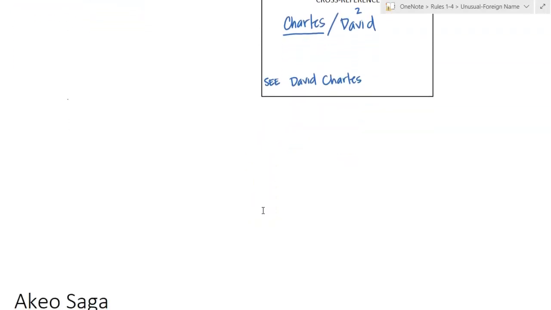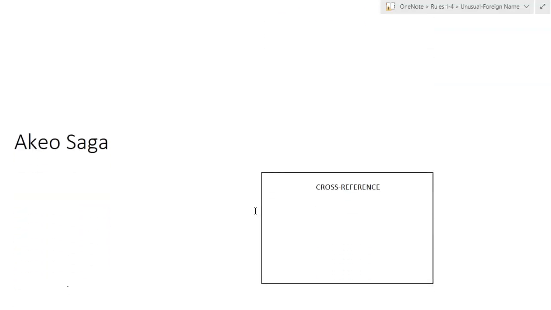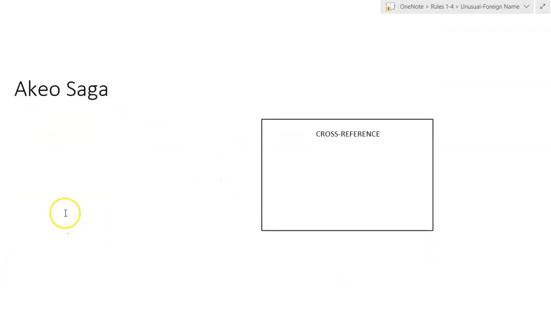Another instance in which you would create a cross-reference is for foreign names. Here we have Akeo Saga. Here we would assume that this is a person's name. Thus, Saga is the key unit in the original filing segment, and Akeo is unit 2.